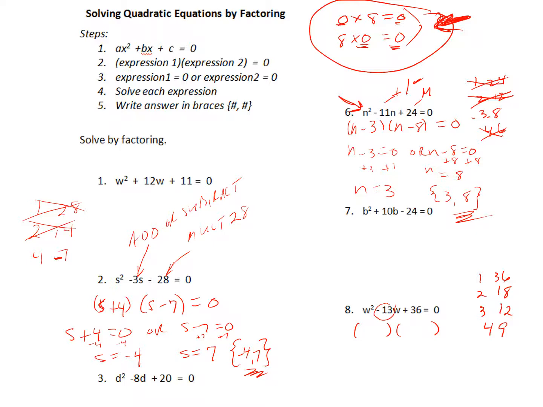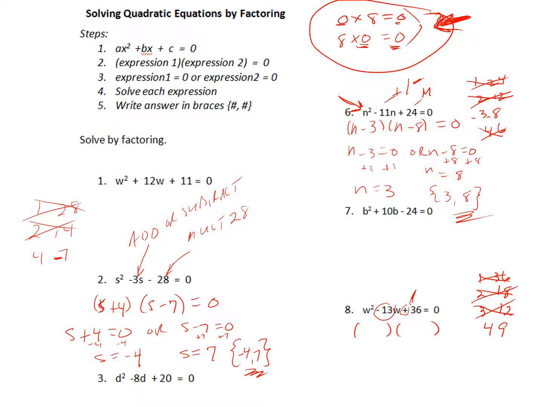I know 1 and 36 are too far apart. 18 minus 2, those are too far apart. 12 and 3 are 15, they're close. 9 and 4. So this is just like number 6, where when I multiply them, I have to get a positive number, and when I add them, I have to get a negative number. So remember in number 6, we said if they were both negative, then when I multiply them, I'll get the positive that I want.